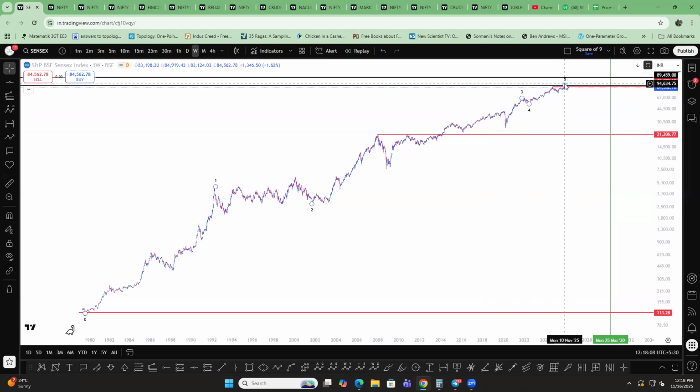So we are in wave 5, that is the final leg of the euphoria. So again, we need to be cautious in large caps, because you may have observed that large cap mutual funds are really lagging in returns because profit booking is happening.